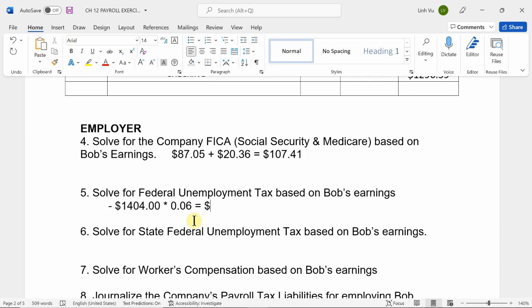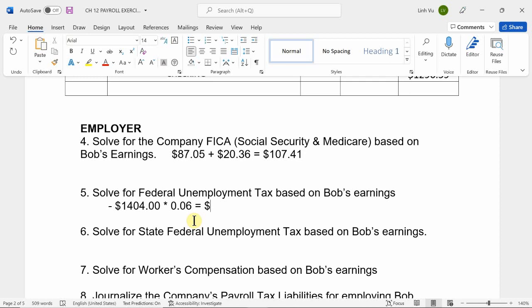1,404 by 0.06. There's no way 6% of 1,404 is $800.